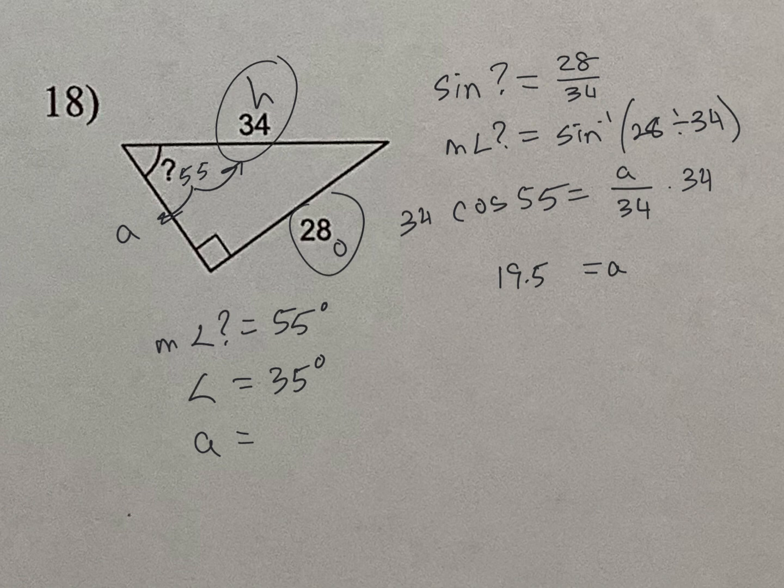If we use the Pythagorean theorem, 34 squared equals a squared plus 28 squared. 34 squared is 1156. 28 squared is 784. Subtract that from 1156, and we get 372.